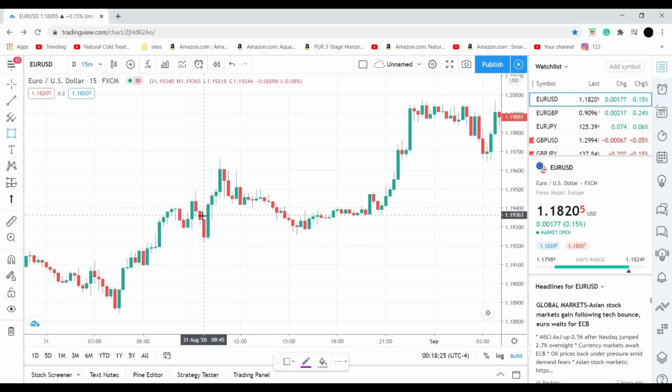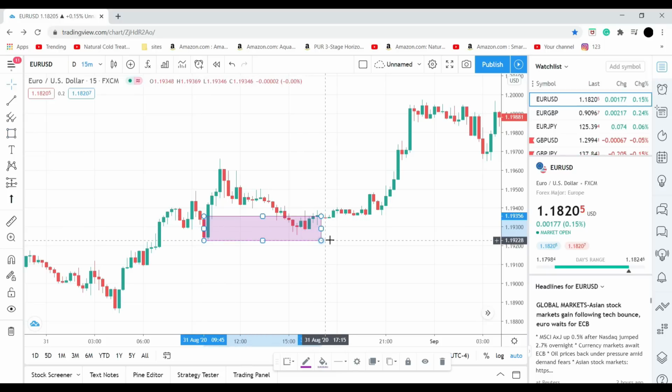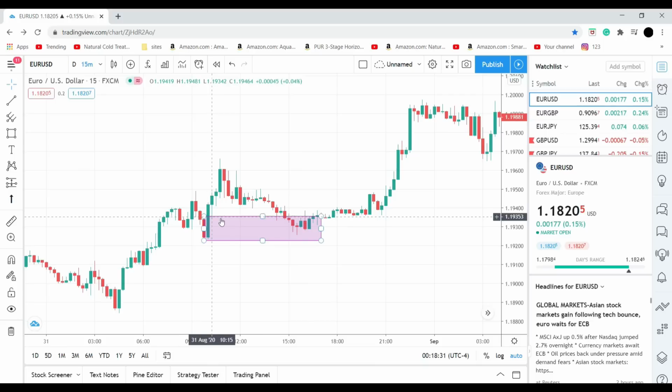We take that candle, drag this triangle, and basically wait for price to hit the zone. So I only took 1 candle and made the rectangle, and I just stretched out the zone.